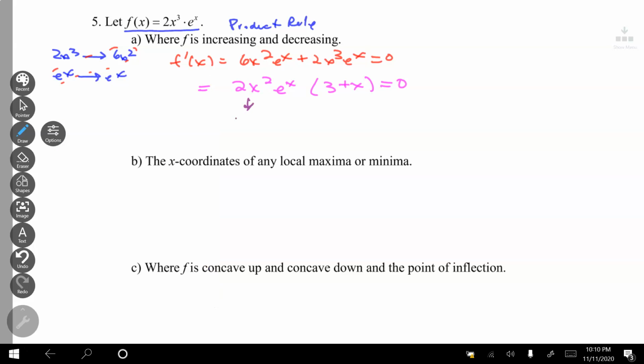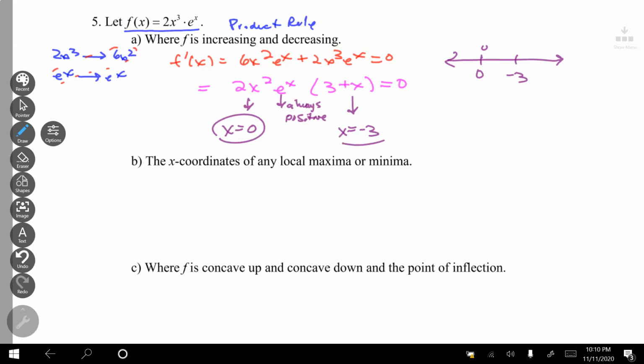I set this one equal to 0, I get x equals 0. This is always positive. It never equals 0. We talked about that earlier. And this one is x equals negative 3. So when I draw a number line, I get 0 and negative 3 as my critical points.